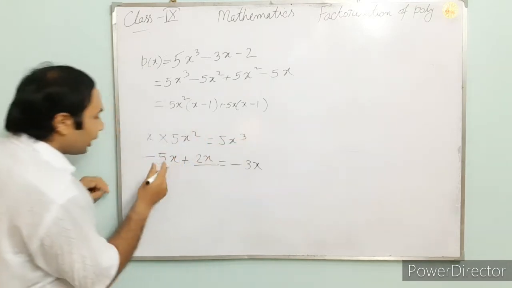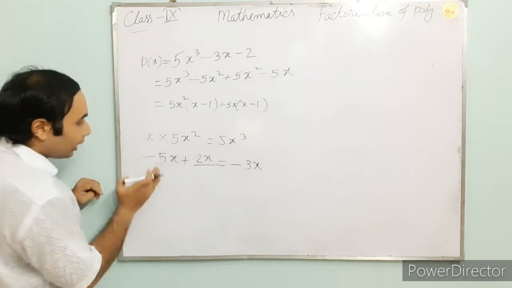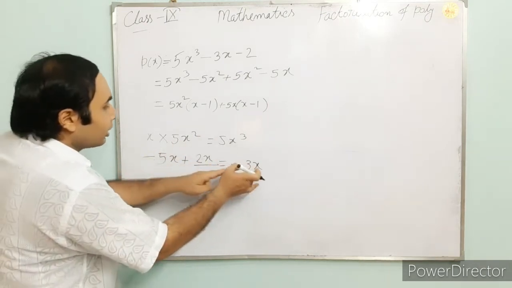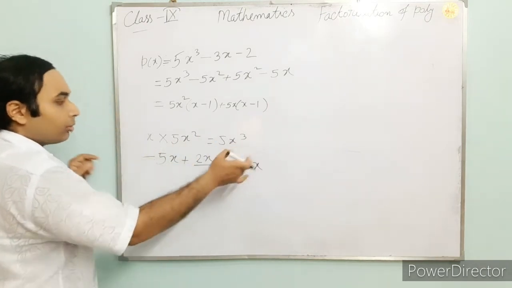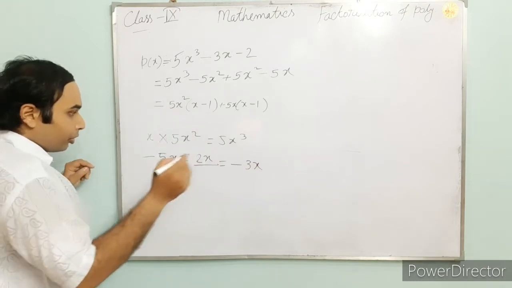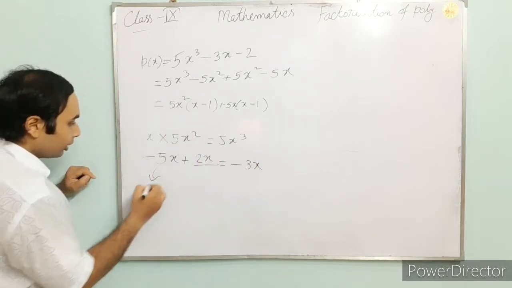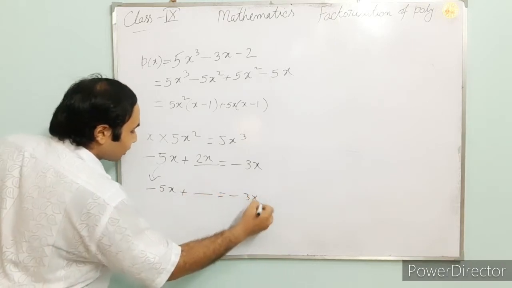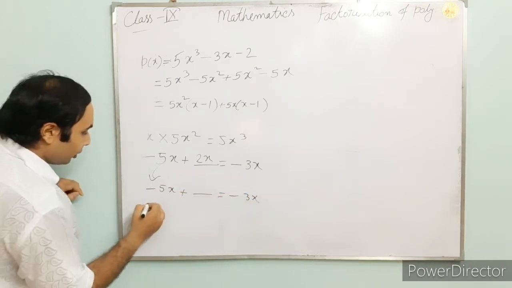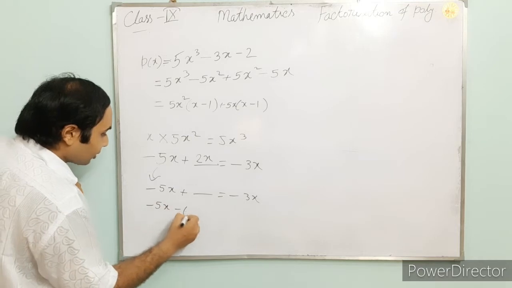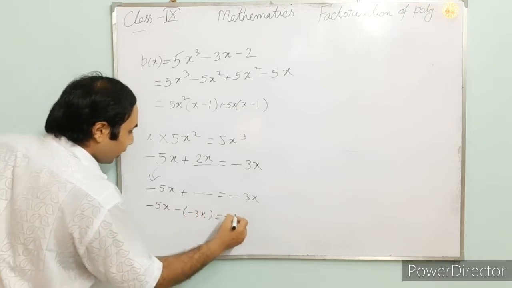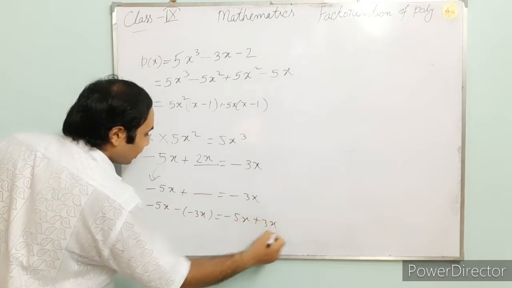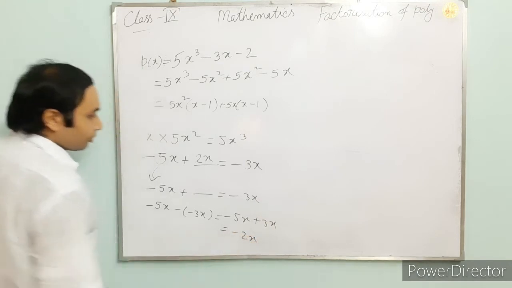Or you can do like that. You can take this at the left hand side, then minus 5x minus of minus 3x, that is okay. I am making you understand. It was minus 5x plus dash equals to minus 3x. That means what will the dash be? Minus 5x minus of minus 3x, that is minus 5x plus 3x, it will be minus 2x.